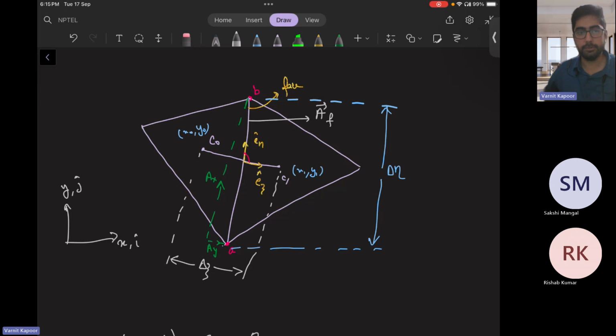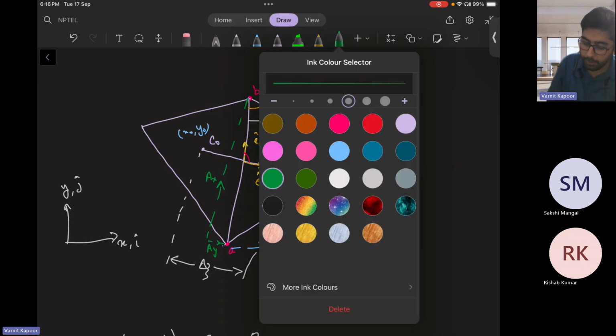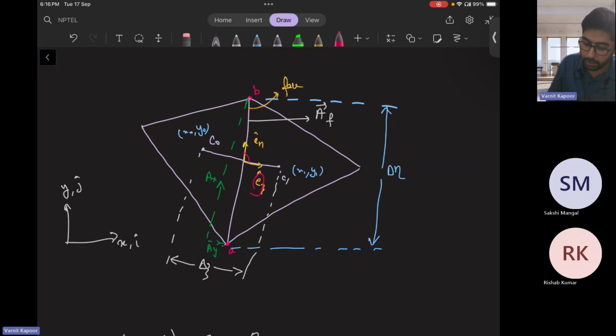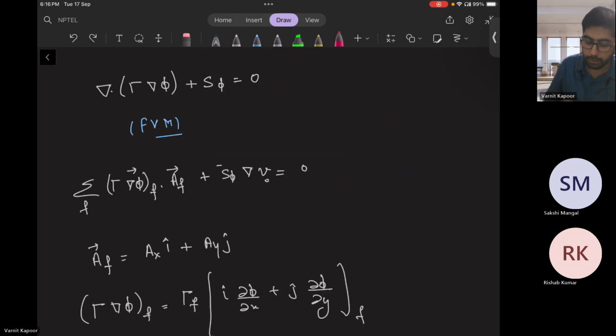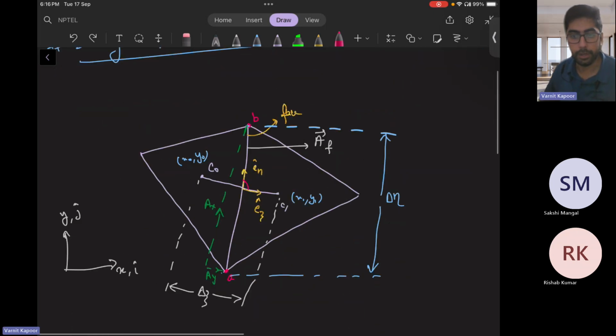So that means basically phi values are only stored at the cell centroids, the cell centroids C0, C1 here. And these cell centroids do not align themselves along the direction of x and y. That is why we have taken this e zeta direction and e eta direction. They do not align themselves in these directions x and y.